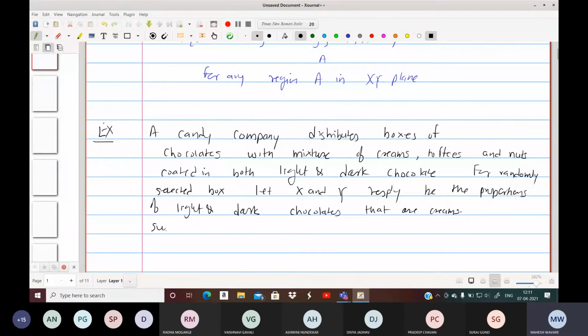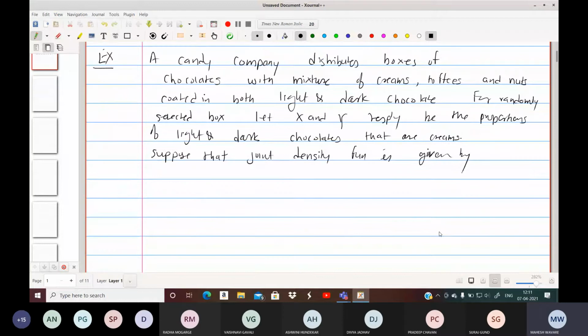Suppose that the joint density function is given by f of x, y equal to 2 upon 3 (2x plus 3y), when x has this range and when y has the same range, 0 elsewhere.